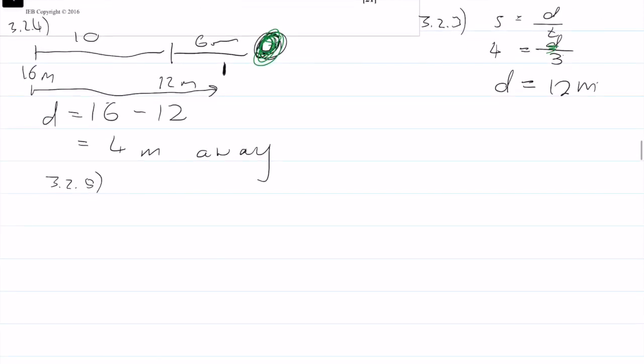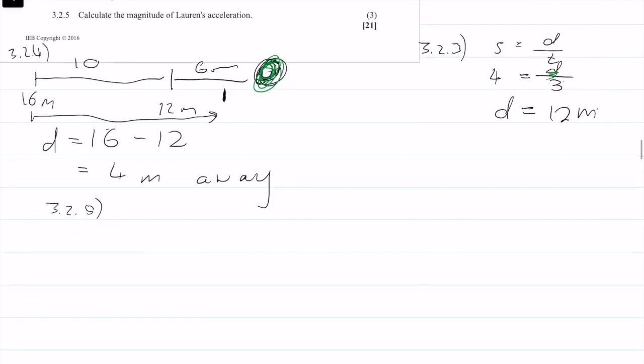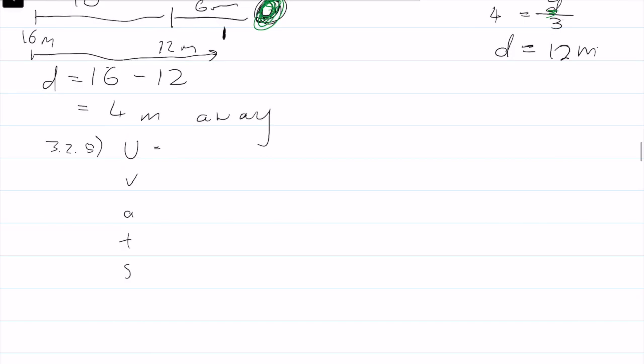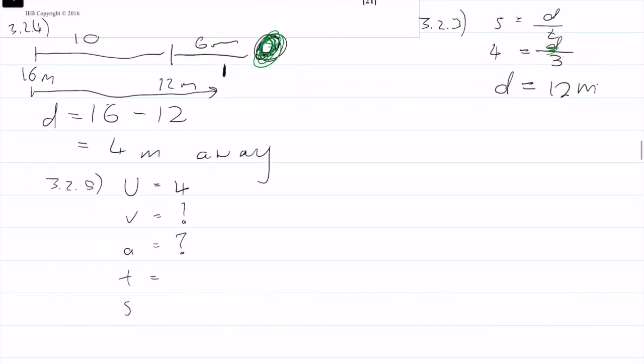Okay, so this is a UVATS question, hey, because we say we have constant acceleration or uniform acceleration. So UVATS. Okay, so we know u is 4 meters per second, the final velocity is unknown, the acceleration is unknown, the time is known. So we want her to be able to run that 16 meters in 3 seconds, because that's when the puppy reaches the mud, and we also know that she needs to run a total of 16 meters.